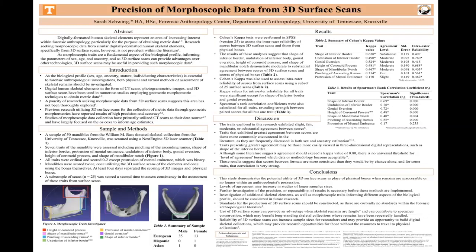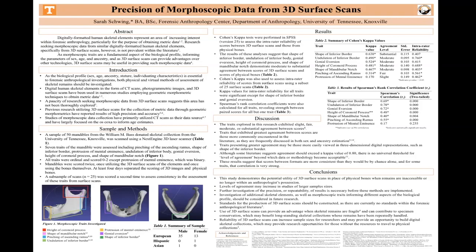So one of the greatest advantages of 3D surface scans is that they are easy to produce and they are quick to produce. CT scans typically require a greater amount of post-processing time to clean up that image. It also is necessary to have a radiologist present to help you interpret those images.